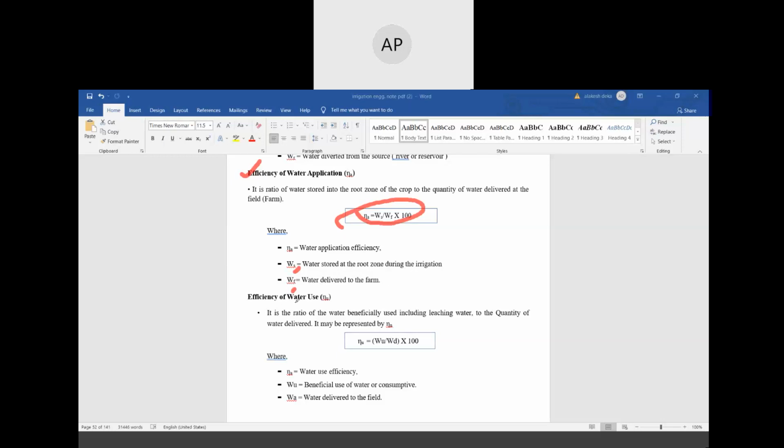Similarly, efficiency of water use is denoted by eta suffix u, and the mathematical expression is given this way.